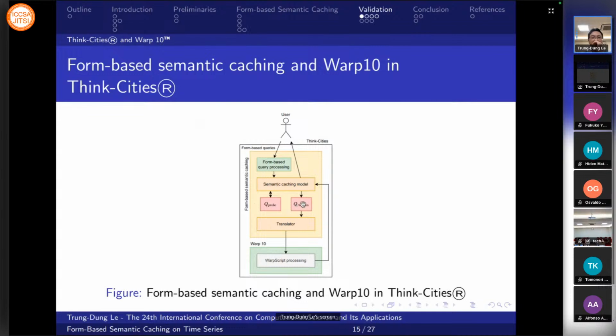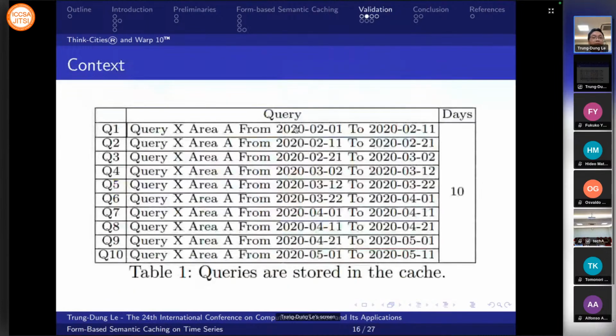The remainder query can be translated into a WAP10 script, which can be sent to the distance server, and the result can be sent from WAP10 to the semantic caching model, and after that the final result can be sent to the user.